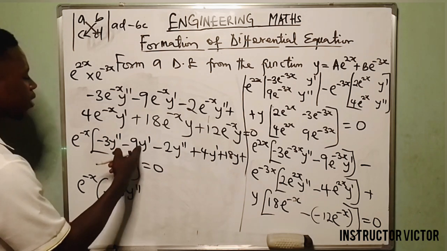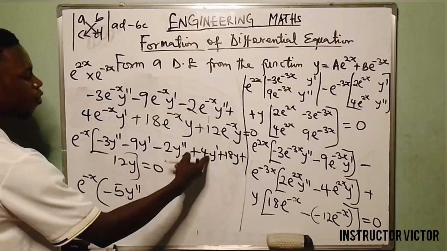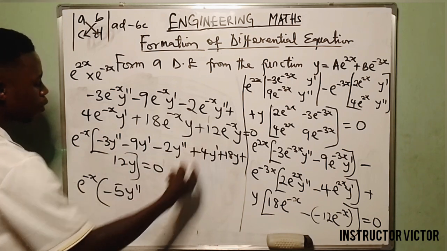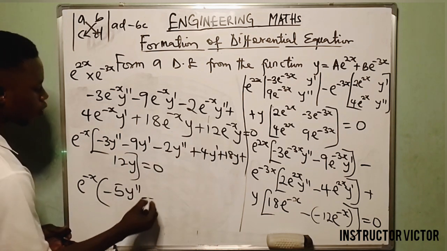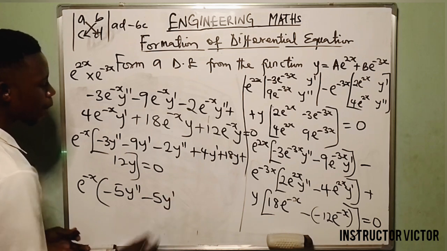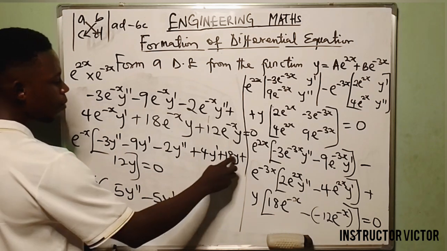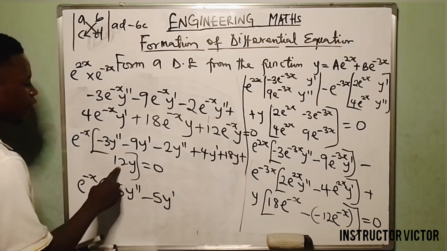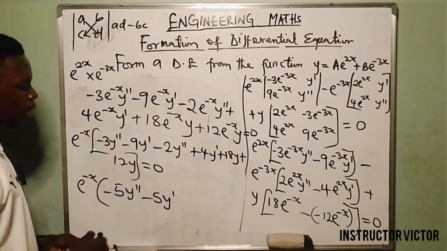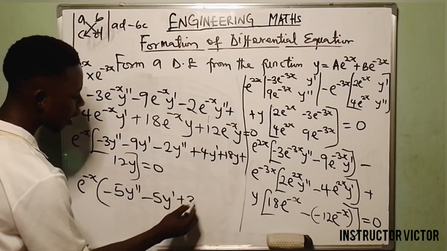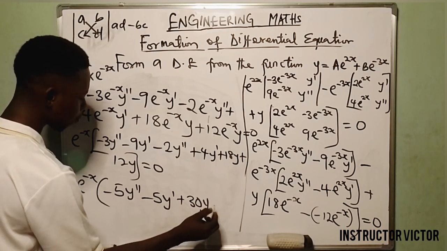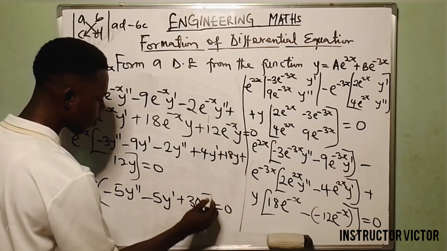Now minus 9y prime plus 4y prime, you have minus 5y prime. If you have a calculator, you check. Now 18y plus 12y, we are going to have plus 30y equal to 0.